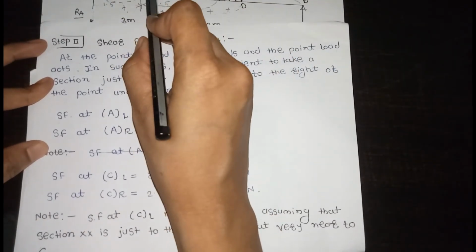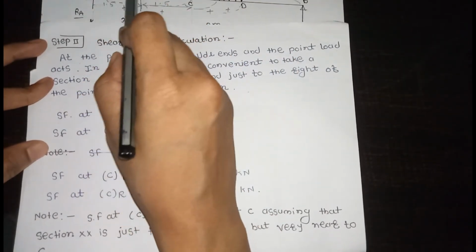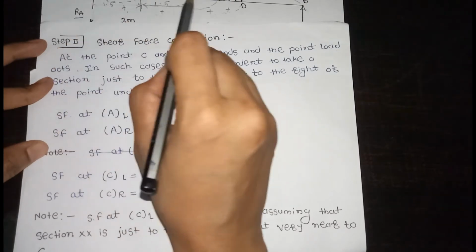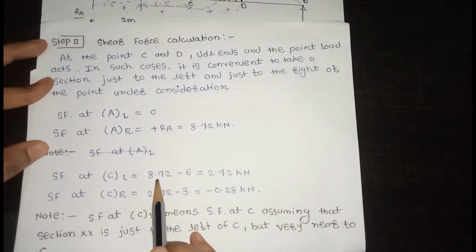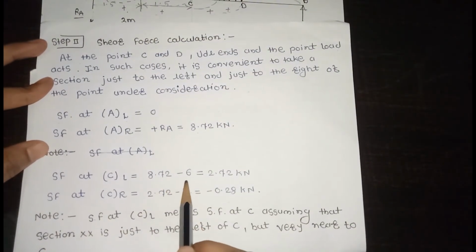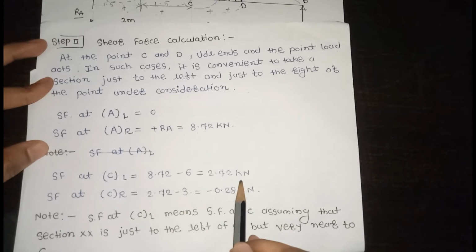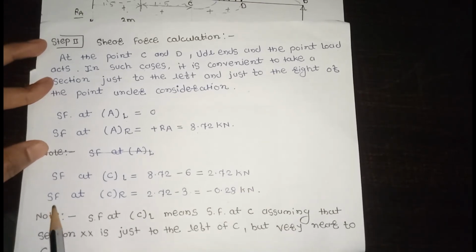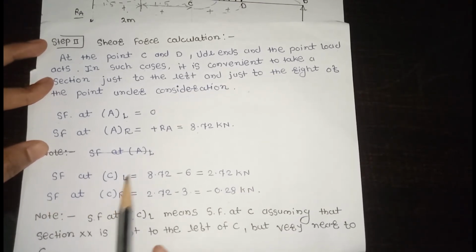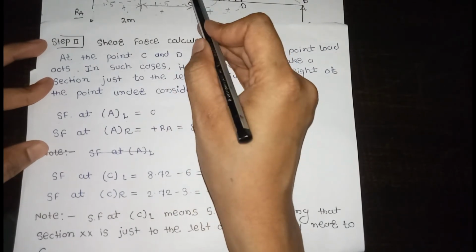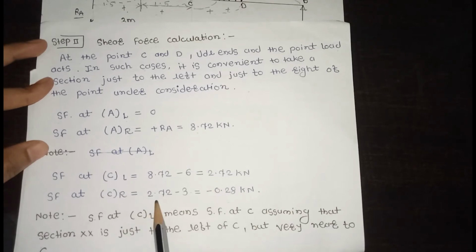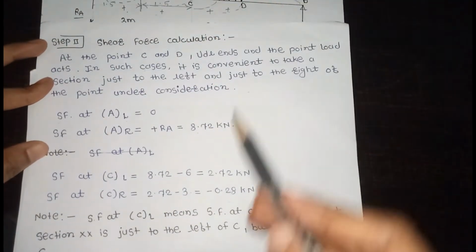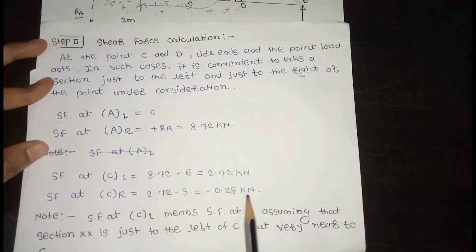The force acting between A and C is 6 kilonewton, a downward force. 8.72 minus 6 is equal to 2.72 kilonewton. Then shear force at C right: the previous value 2.72 minus 3 is equal to minus 0.28 kilonewton.